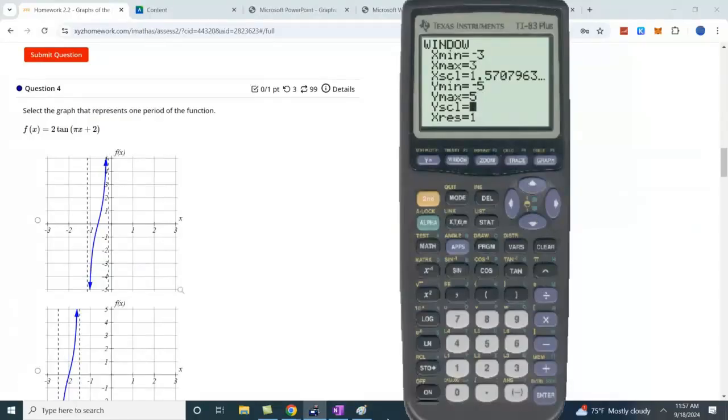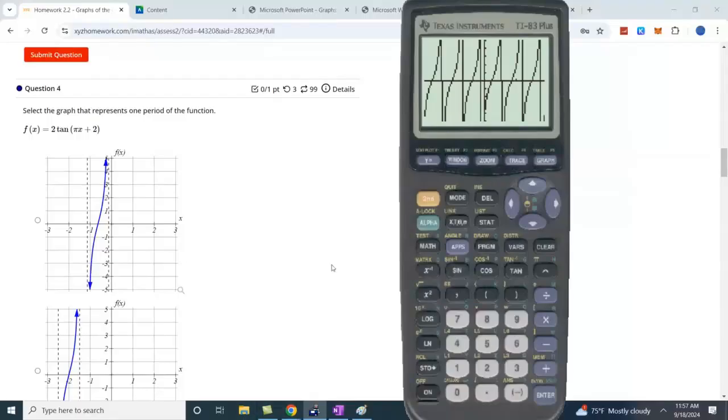My y scale is 1, and always leave this x resolution at 1. Okay, just never change that x resolution. And now if we graph, this is what it gives us.